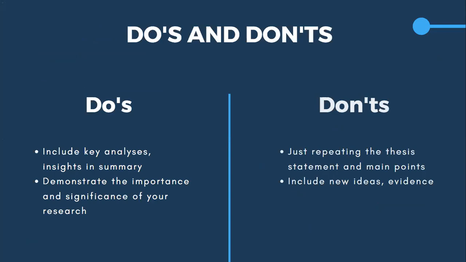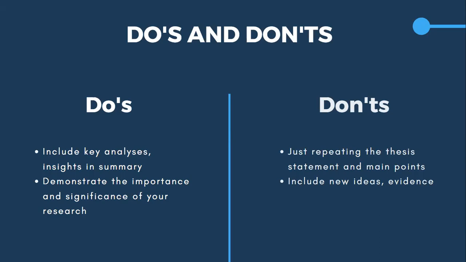Several things that you should do and should not do in your conclusion. First is we don't want to just repeat the thesis statement and the main points. I think this is pretty obvious, especially for those of you writing an AC2 research paper. We have an entire discussion section where you are basically extending on your analysis.